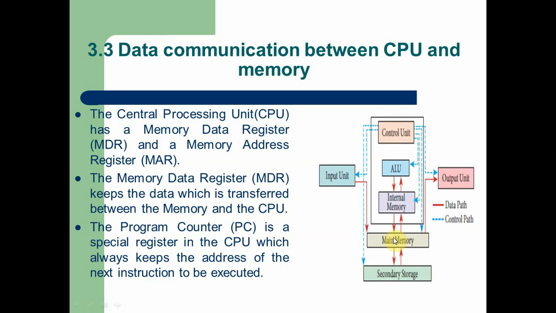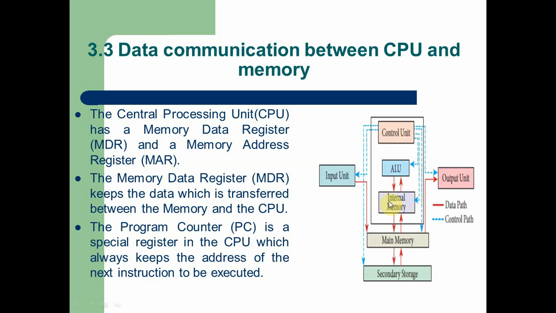For example, many instructions are passed by the user through different units. When one instruction is being processed in the ALU, the next instruction to be processed is kept in the register called PC. This is also available in internal memory.